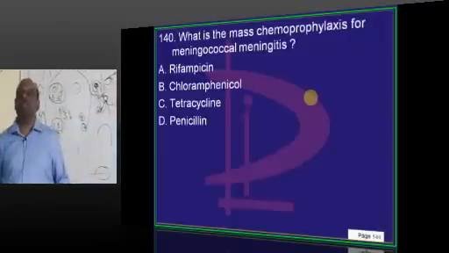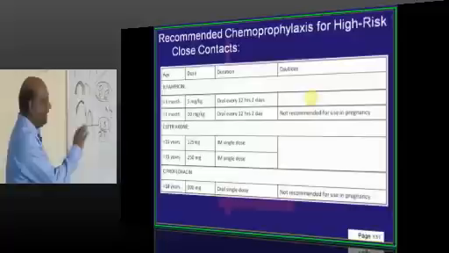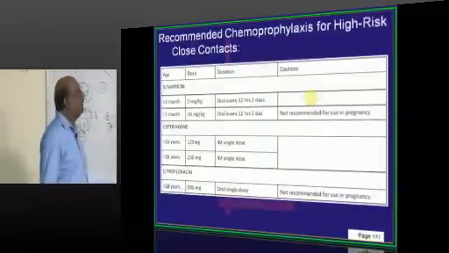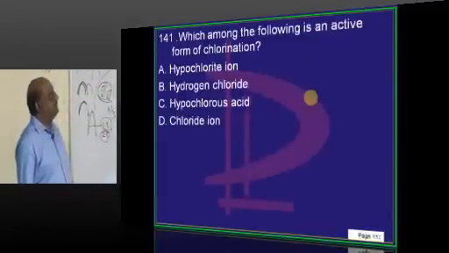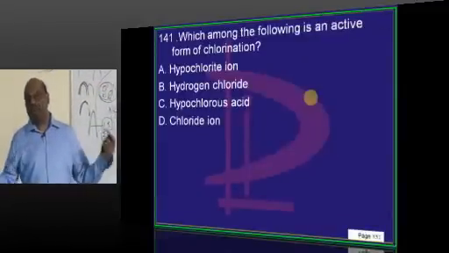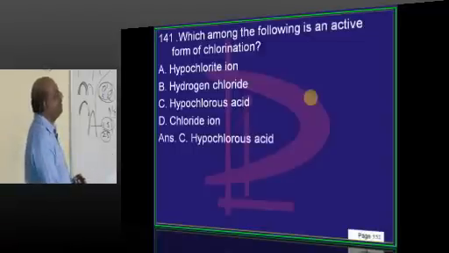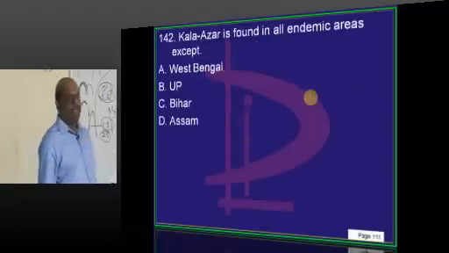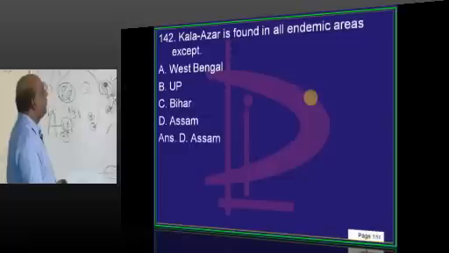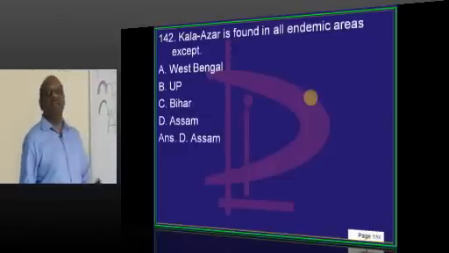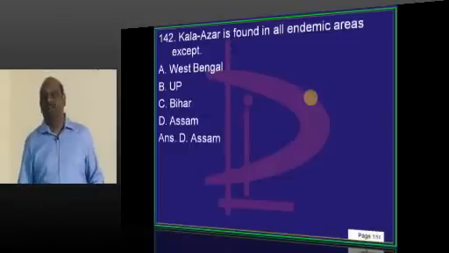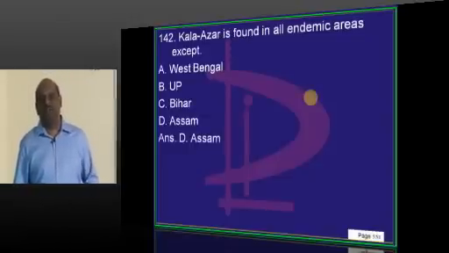Meningococcal meningitis, what is the chemoprophylaxis? Typically rifampicin. Then chlorination makes hypochlorous acid, which is the most active form of anti-infective action. Kala Azar endemic areas. If you are a proper Chennai student, you should still know the Kala Azar endemic areas.